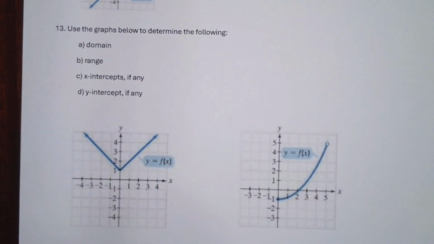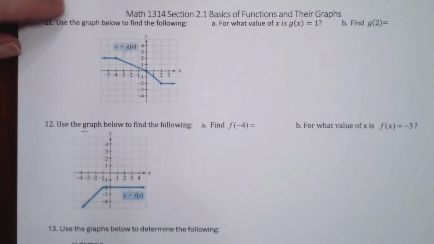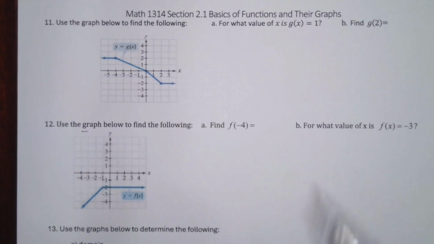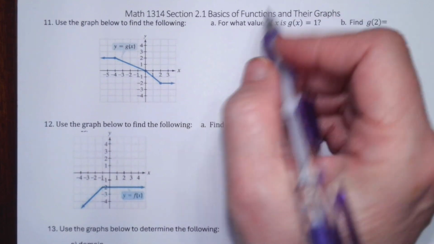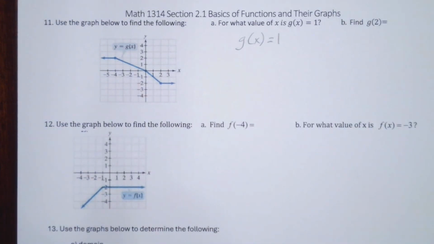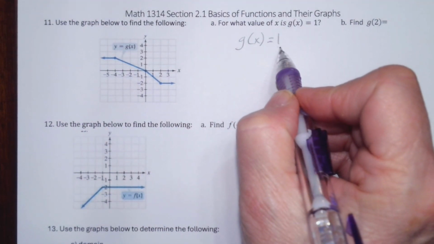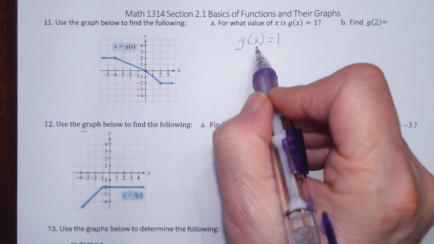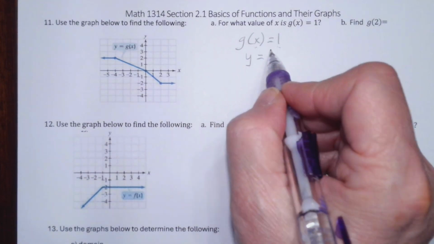Number 11. So now we're going to use a graph to evaluate to find the following. It says, for what value of x is g of x equal to 1? So g of x equals 1. What that means is this is the y value. So we've got to figure out what is the x value. Because remember, g of x is the same as y is equal to 1.